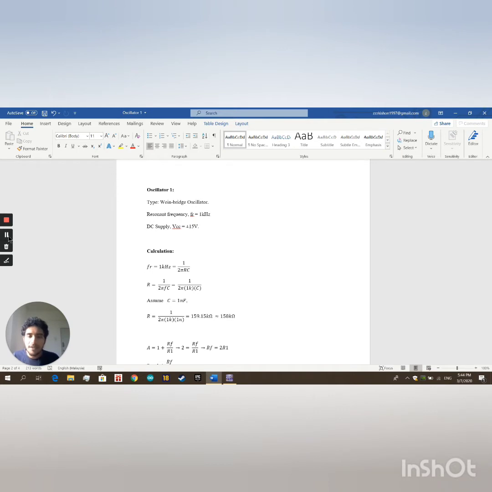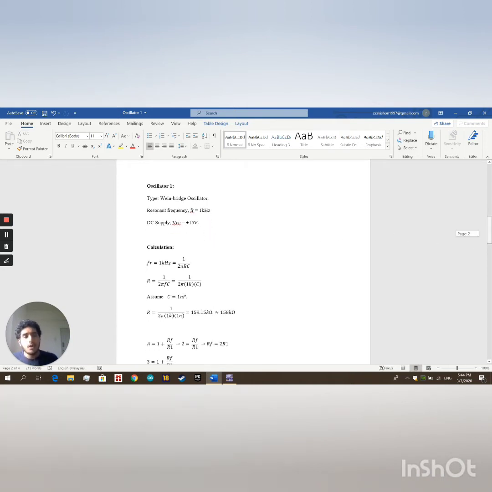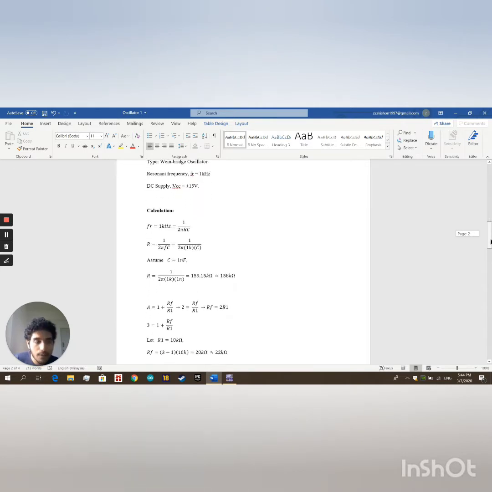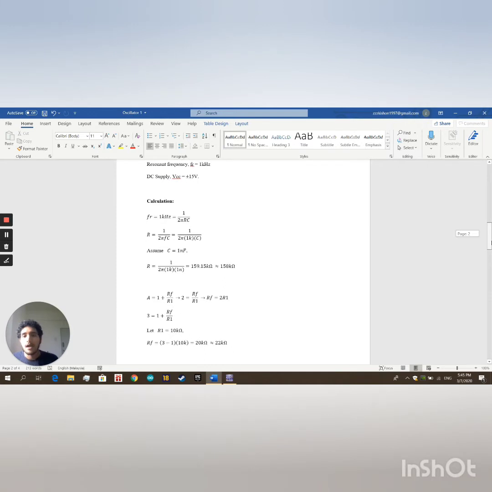Firstly, for my part, I have done the oscillator 1 circuit. The given requirement was a Wien Bridge oscillator, with a resonant frequency of 1 kilohertz and a supply of 15 volts. For the design, I have to do some calculation to get the component values.